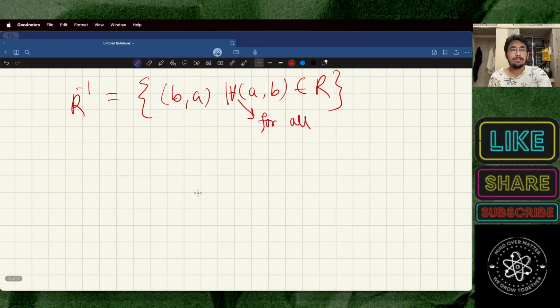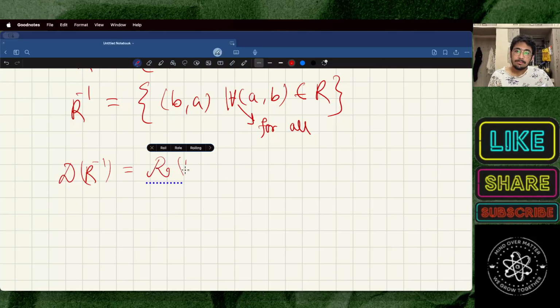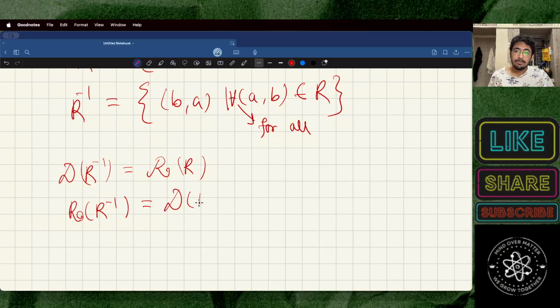And one thing you can guess is that the domain of R inverse is the range of R, and the range of R inverse is actually the domain of R, because the elements inside the tuples have interchanged, right? So yes, that will be that.